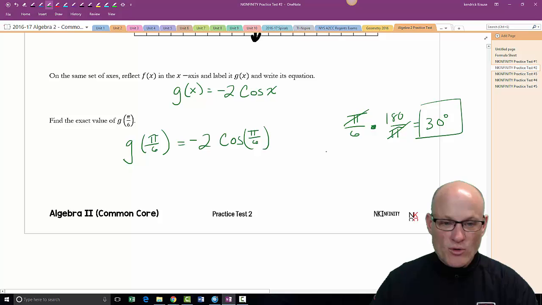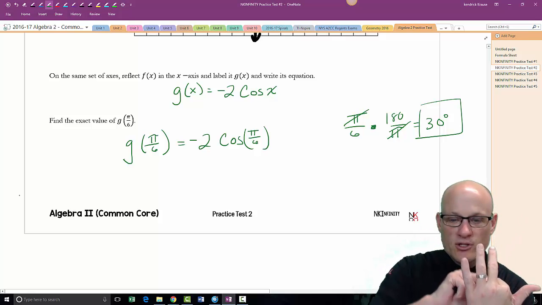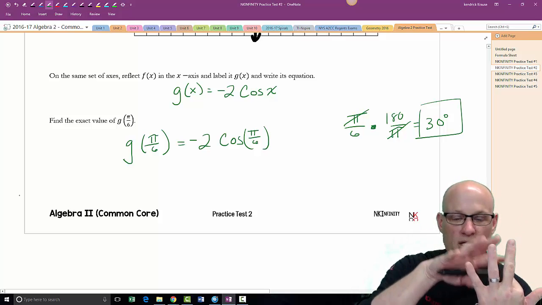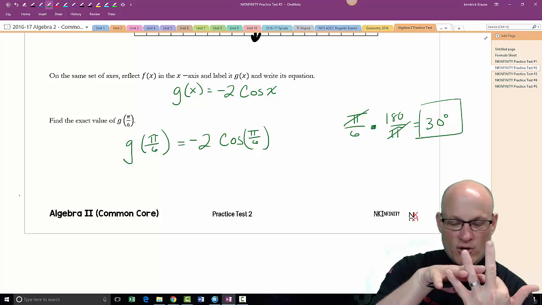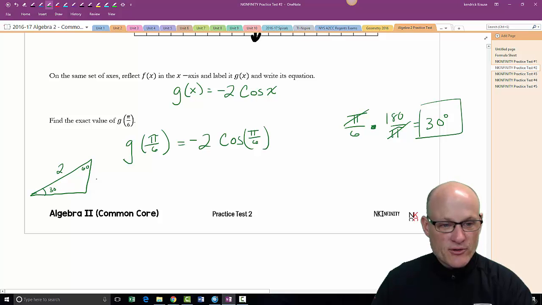Now, for those of you that don't remember 30 degrees, you can do one of two things. You can do the left-hand trick. Look at your left hand. 30 degrees is this. Cosine would be on the left, sine on the right, square root of 3 over 2. Or you can draw this 30, 60, 90 triangle that you were taught how to draw a million times. Hypotenuse is 2. Opposite to 30 is 1.